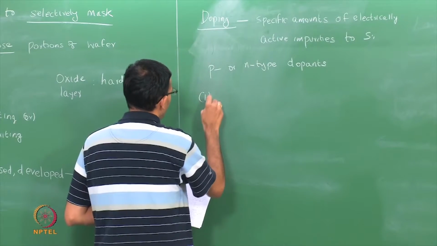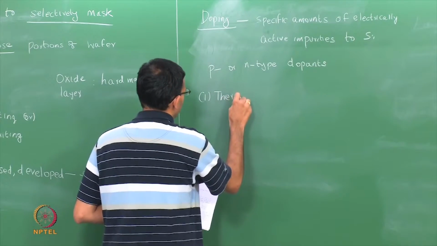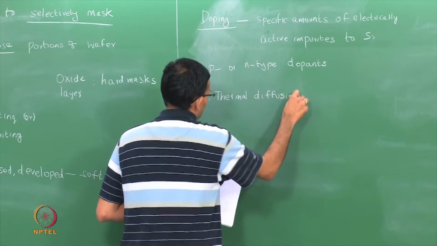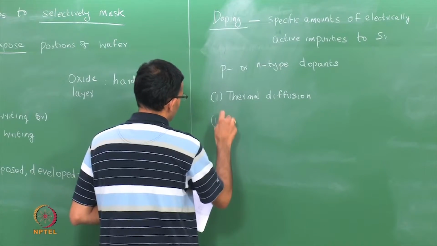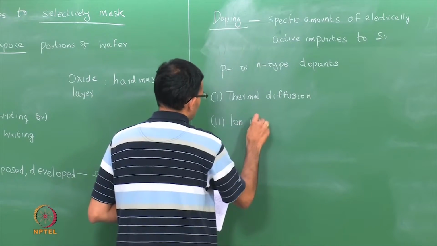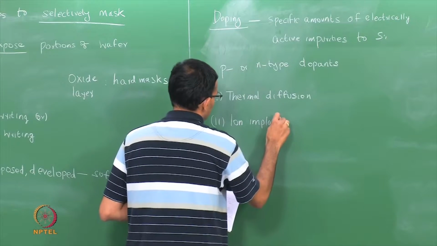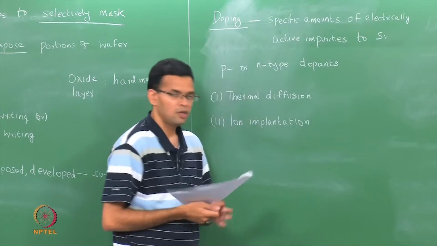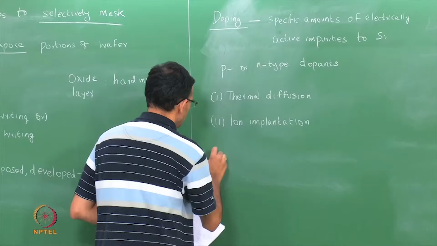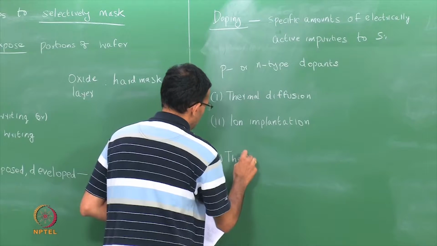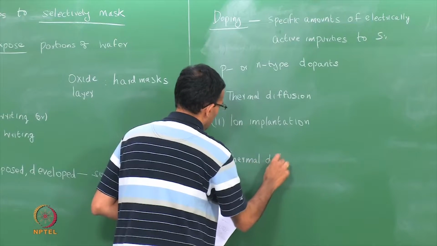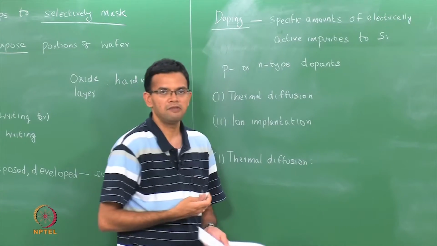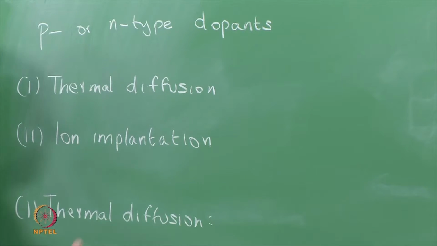You can either dope by thermal diffusion or you can dope by ion implantation. So, thermal diffusion, as the name implies, is a diffusion process. The dopants are delivered to the surface of the wafer, which is at high temperature.